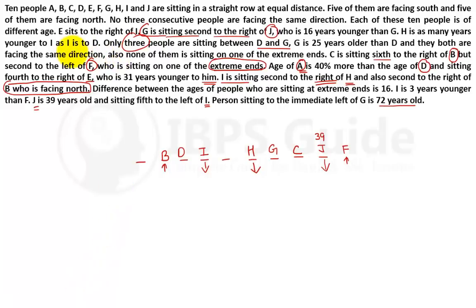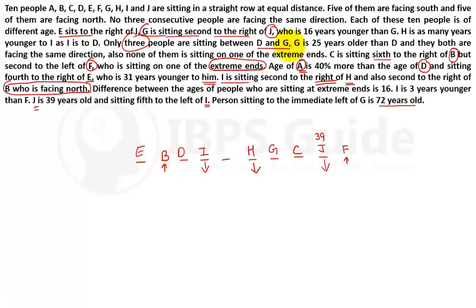Now in the very first line he is saying E sits to the right of I. Now I is here. E sits to the right of I means somewhere here or here. If I is facing south, then right is somewhere here and the only position left is for E here.